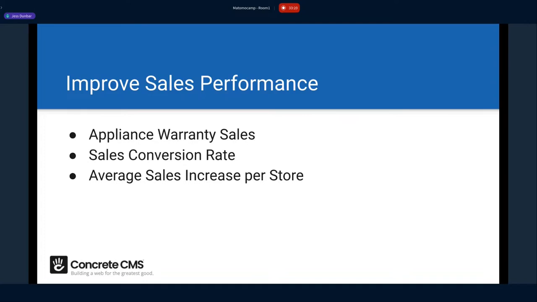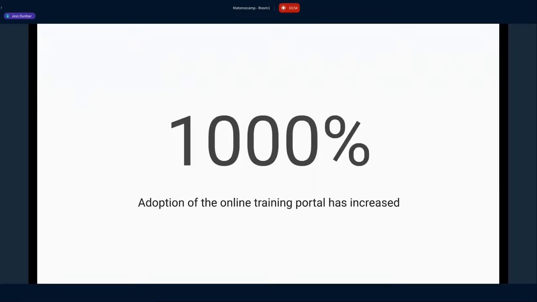So the metrics were appliance warranty sales and the revenue generated from the sales, the sales conversion rate, like the percentage of portal users who purchased appliance plans, and then the average sales per store. So these objectives and metrics are designed to track the success of this online training portal implemented by Blue Atlas for Home Depot. With this focus on engagement and impact on sales, let's take a look at the results.